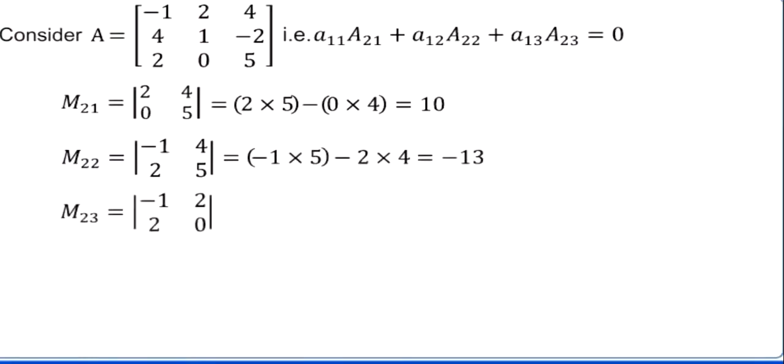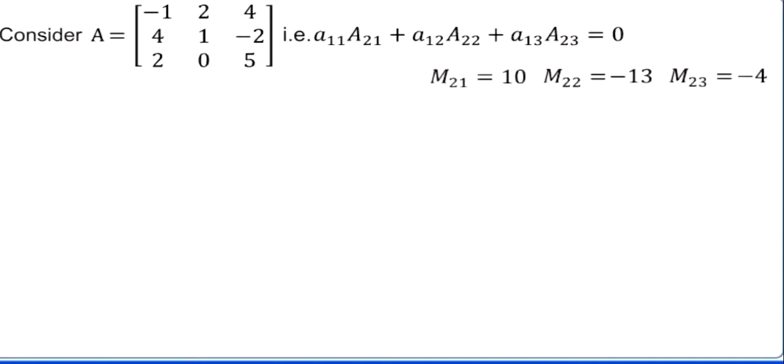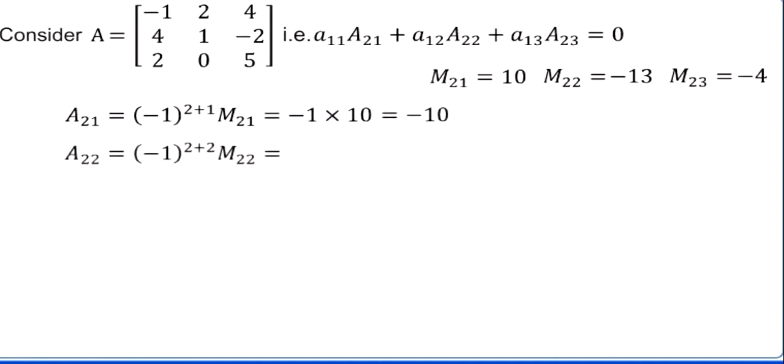Now, the cofactor of the element A21 is equal to the product of -1 whole raised to the power of 2 plus 1 and its minor. Hence, the cofactor of the element A21 is equal to -10. Similarly, the cofactors of A22 and A23 can be obtained, which are as shown.